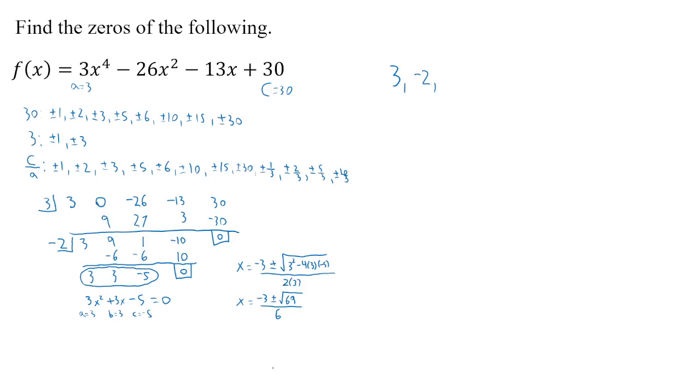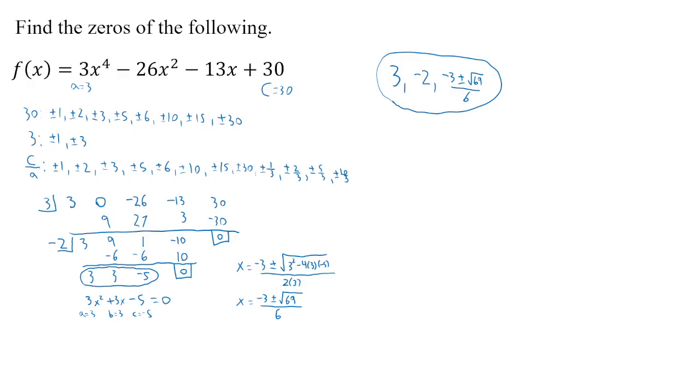So our final 2 roots are negative 3 plus or minus the square root of 69, over 6. And there you have it. Our 4 zeros. And again, sometimes when you're looking for zeros, I might be in the habit of saying roots. But there are 4 zeros.